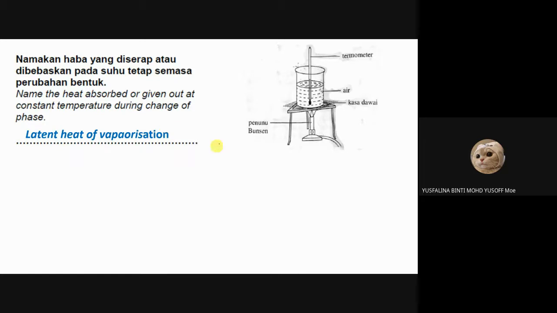If liquid changes to gas, and gas changes to liquid, both we call latent heat of vaporization. So what we can conclude here: solid to liquid, liquid to gas, or vice versa.